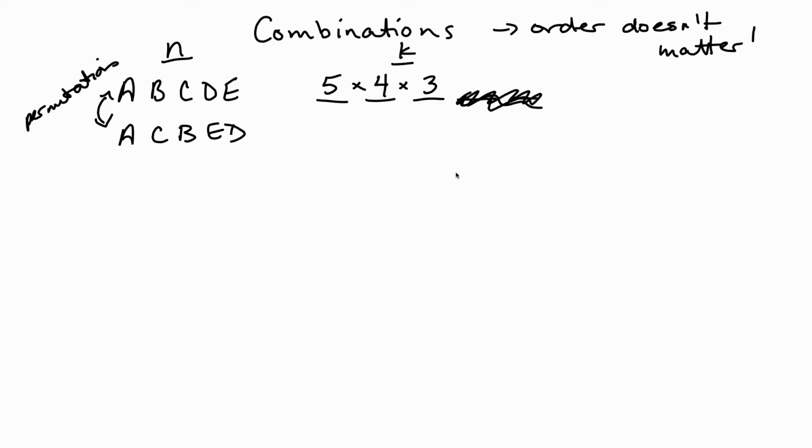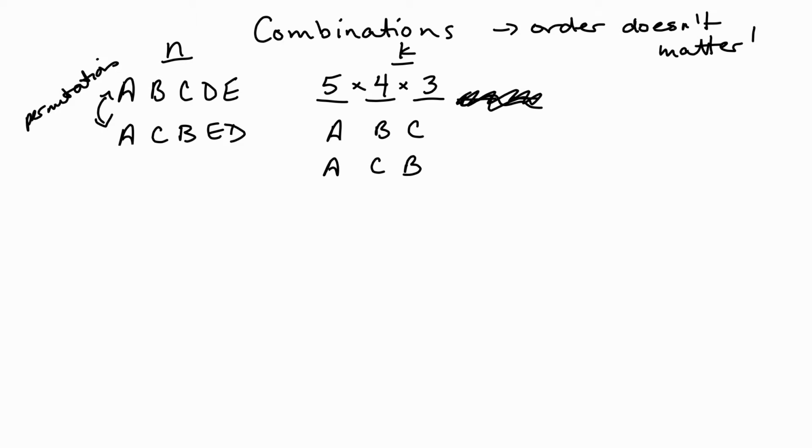That's great, but that looks a lot like the number of permutations we can have. So we've double counted all of the ones that actually have the same set of letters. For example, I need to make sure that ABC and ACB only count as one combination, but in this 5 times 4 times 3, they'll get counted multiple times.